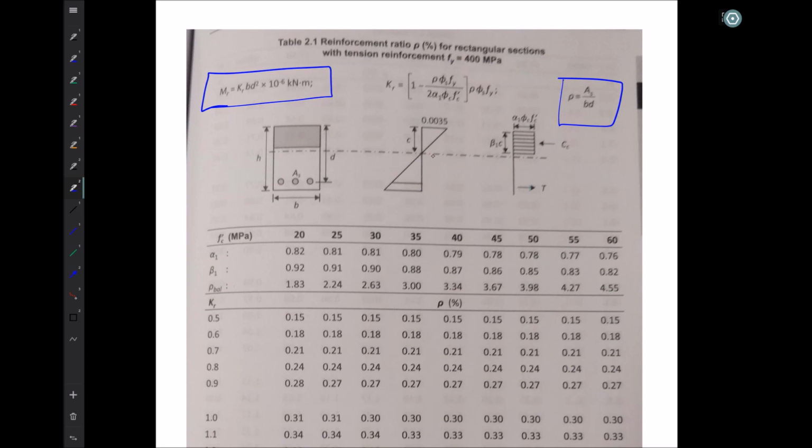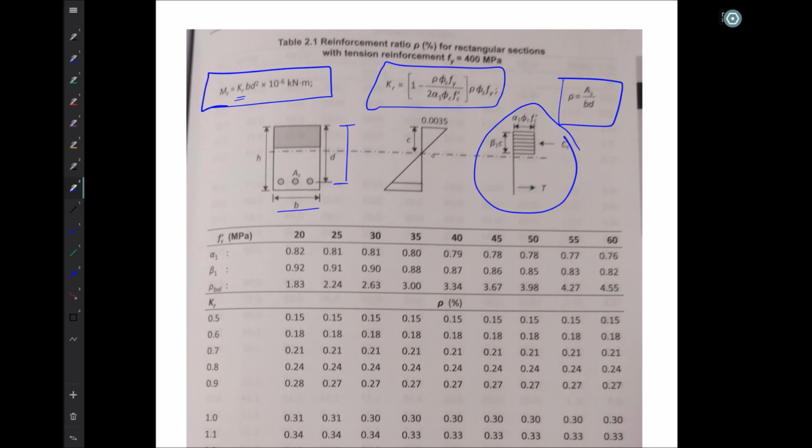And if we explore how this moment resistance is calculated, Kr times b d squared, where b is the base of the structure and d is the depth to the steel itself, we can see that for our equivalent rectangular stress block that we use according to CSA A23.3 standards, we can do a little bit of manipulation and develop an equation for Kr, a factor that incorporates our reinforcement level and our material strengths.